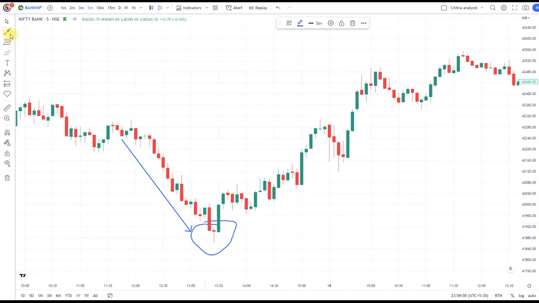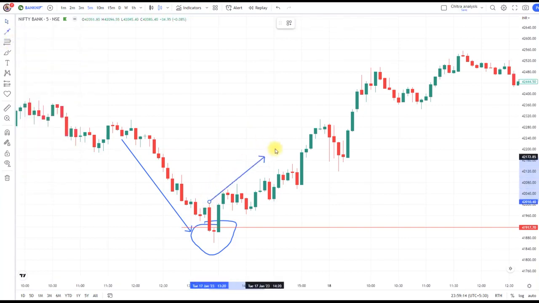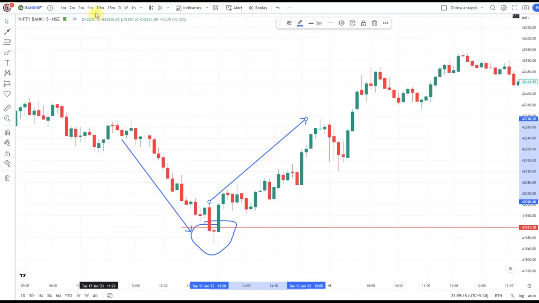So if this high is broken, I will show you here. We can put a horizontal ray above this candle. Once this high is broken, we can enter into the long trade. So you see the movement of price after that. This is a 5 minutes time frame chart of Bank Nifty, so intraday traders can make use of this.